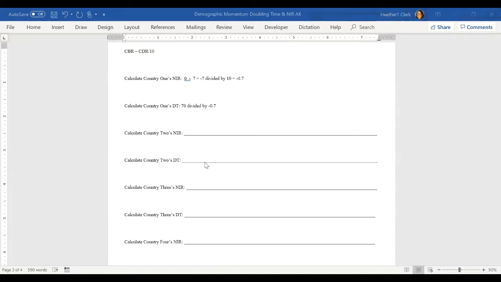It's always going to be 70 first, and then divided by 0.7, and we want to make that negative. So we get a negative number. Anytime there's a negative number for doubling time, it means we would have to go back in time to make that work. So instead of saying that, we're just going to say population in decline, just like we did with the previous assignment.